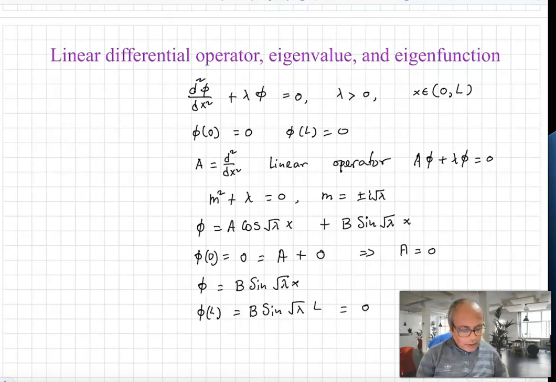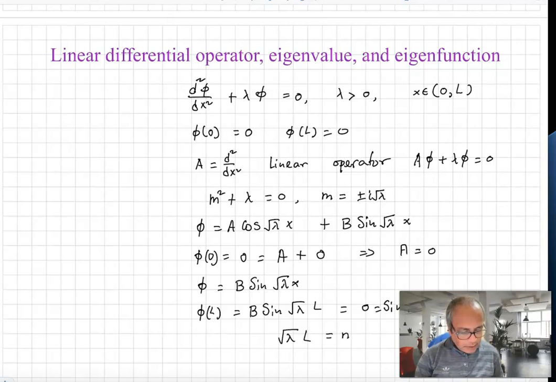This can only be 0 if it is sine n pi, where n is any number, and we're going to take a positive number from 1 to infinity. So b cancels out because the right hand side is 0.